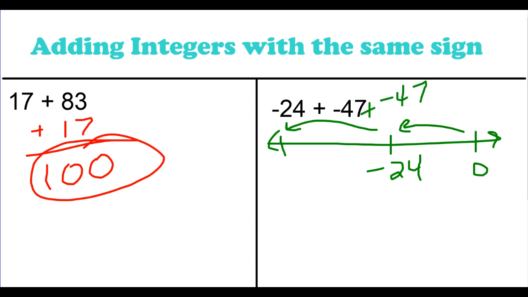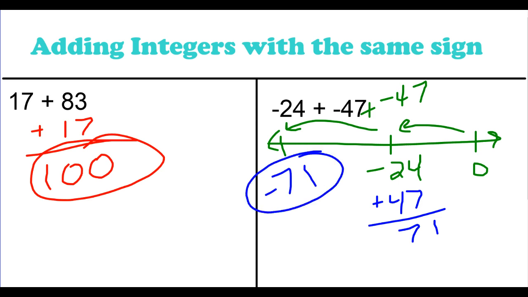So our total distance from 0 is going to get bigger because we're walking the same way. And 24 plus 47 is 71. So we're going to end up 71 steps away from 0, except on the negative side. When we add a bunch of negative numbers, we're just going to stay negative and keep being negative.